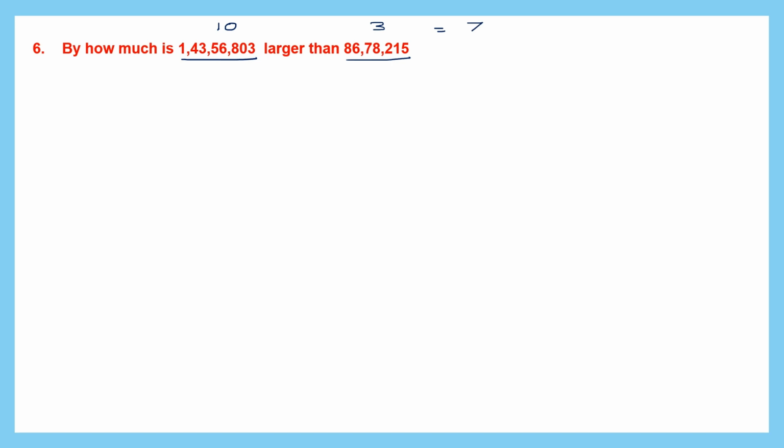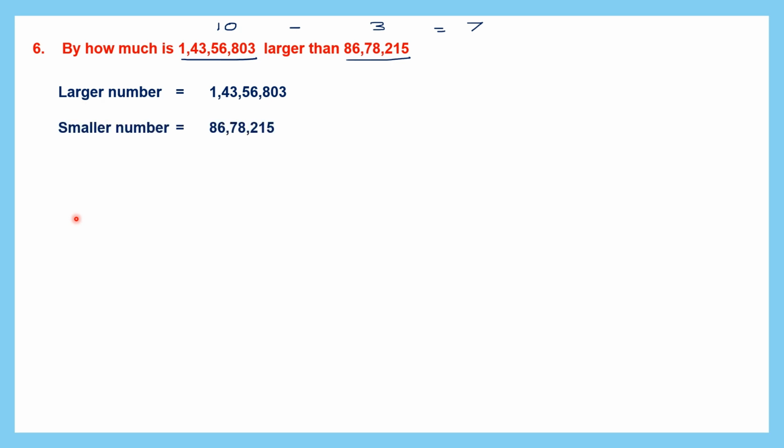Now, how do we find that? When we simply minus, isn't it? When we minus 10 minus 3, we get 7. Similarly, when we minus these two numbers, we will get the answer which will tell us by how much this number is greater than the smaller number. So, what is this larger number? 1 crore 43,56,803.